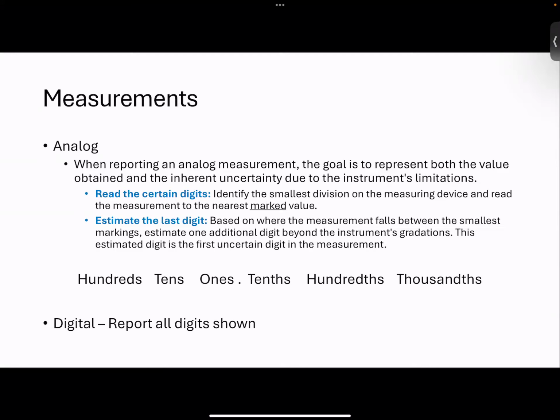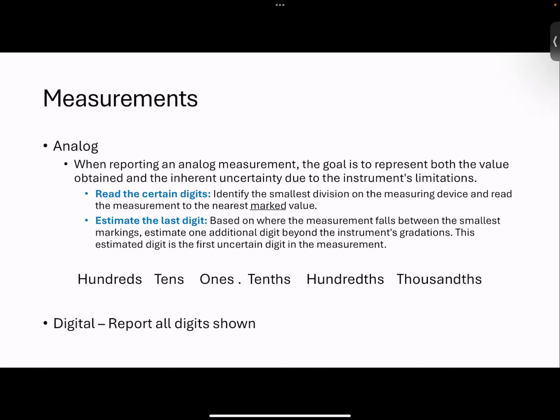Can I read the ones place? Meaning, is there a mark for 21? Is there a mark for 22? Is there a mark for 23? Can I read the tenths place? Meaning, is there a mark for 21.1? Is there a mark for 21.2? Is there a mark for 21.3?